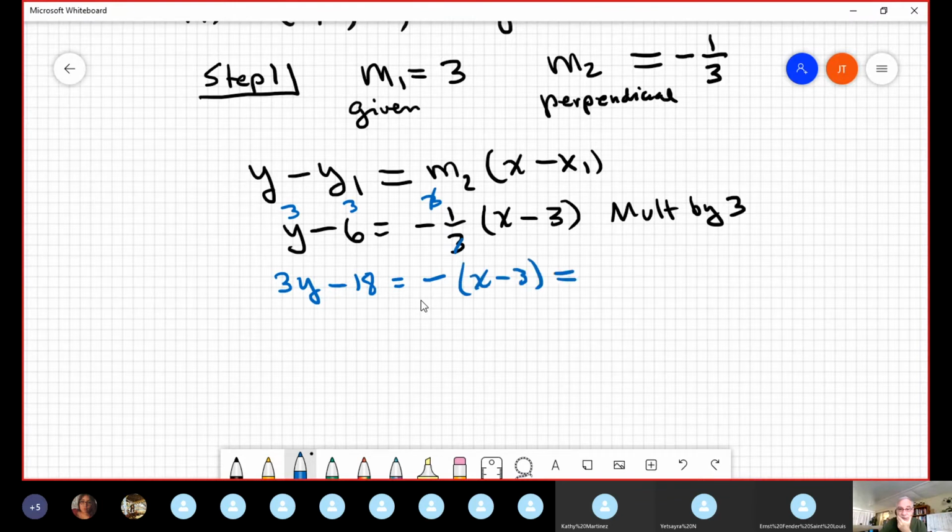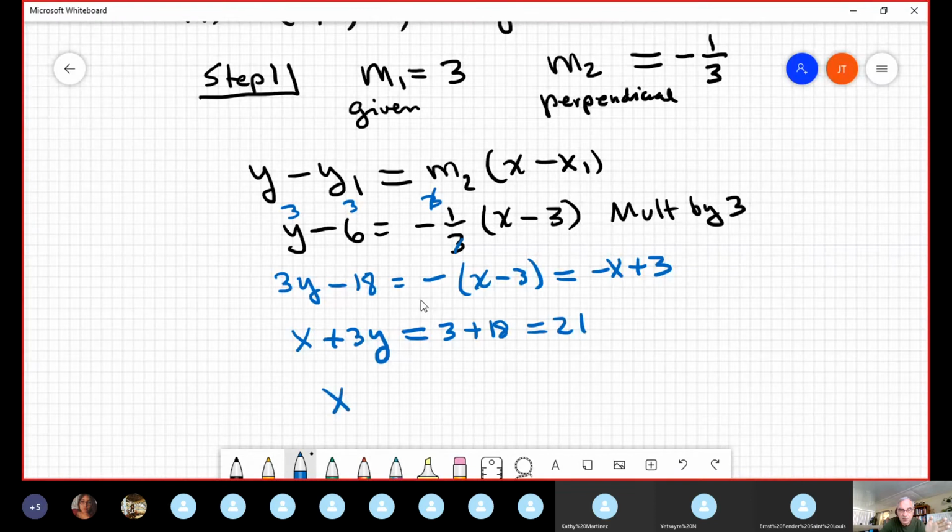You apply this 3 with the distributive property, it is negative x plus 3. Finally, organization. I move the variable to the left. X is positive, y stays positive, the 3 stays on the right-hand side, plus 18 moves to the right-hand side and is 21. And the answer is x plus 3y equal 21. Final answer.